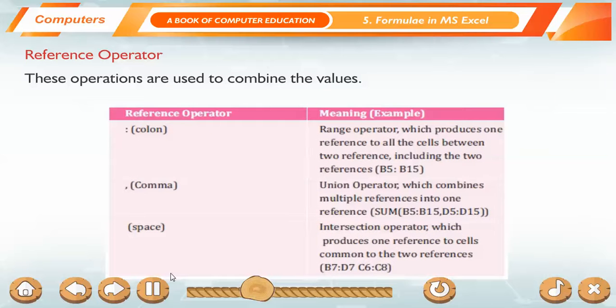Colon is the range operator, which produces one reference to all the cells between two references, including the two references, for example B5:B15. Comma is the union operator, which combines multiple references into one reference, for example SUM(B5:B15,D5:D15). Space is the intersection operator, which produces one reference to cells common to the two references, for example B7:D7 C6:C8.